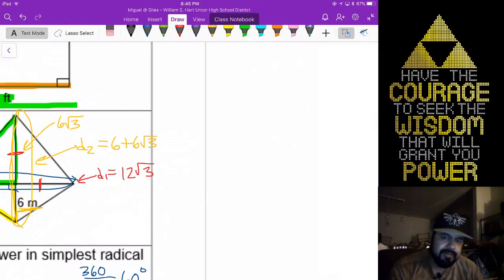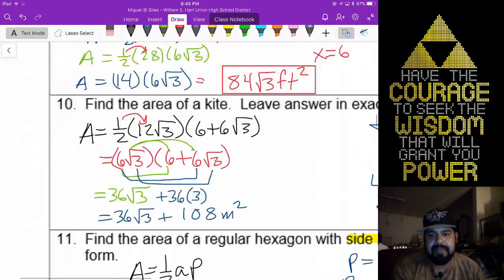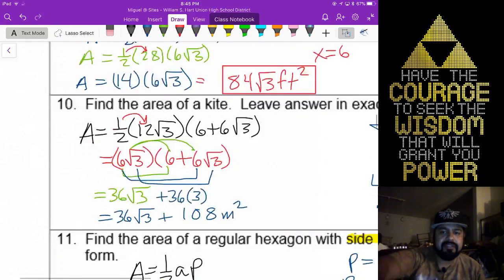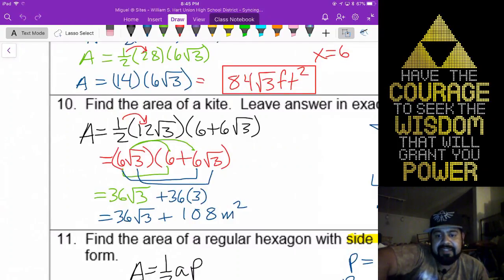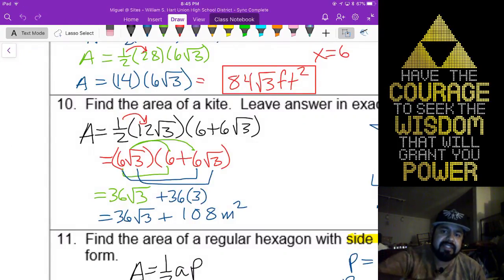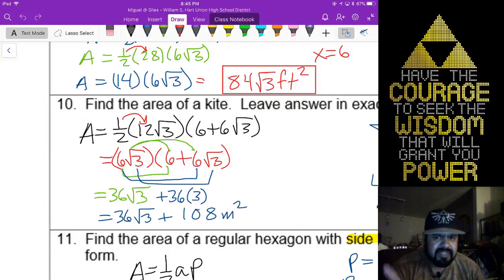So going over to the work, which once my iPad decides to, sweet. So then you'll notice that I chose to take 1/2 of the 12. And so that gave me 6 rad 3 times the 6 plus 6 rad 3. Now right there you do have to distribute. And so the 6 rad 3 times 6 will give you 36 rad 3.